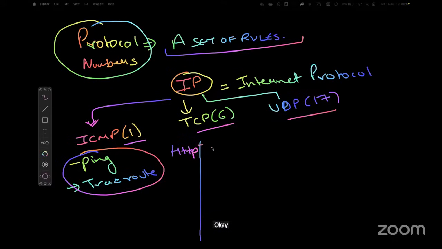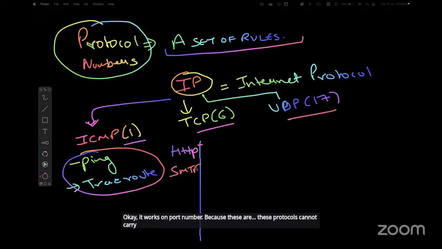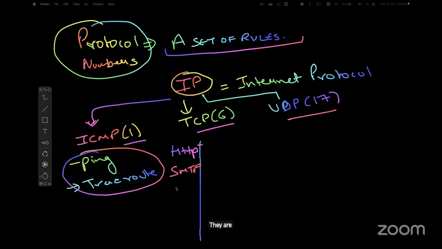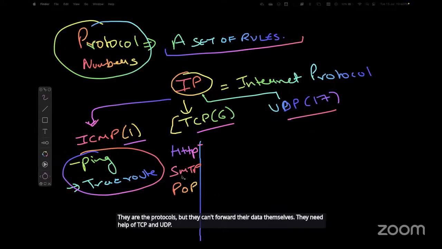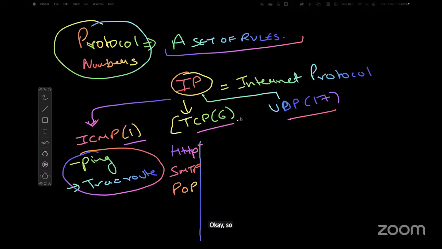It works on a port number, because these protocols cannot carry their traffic. They are protocols, but they can't forward their data themselves. They need the help of TCP and UDP. So who is the delivery agent? TCP and UDP are the delivery persons, but this is just data for websites, HTTP and HTTPS.